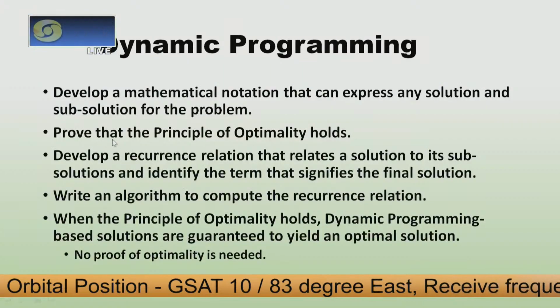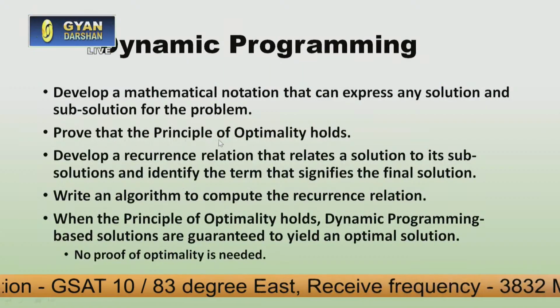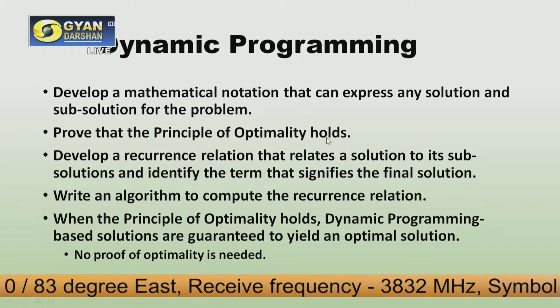It proves that the principle of optimality holds. So if you are applying dynamic programming, you have to prove that the principle of optimality applies. Otherwise, whatever solution you develop through dynamic programming may not be optimal as far as sub-solutions are concerned, and it is not guaranteed to be an optimal solution.